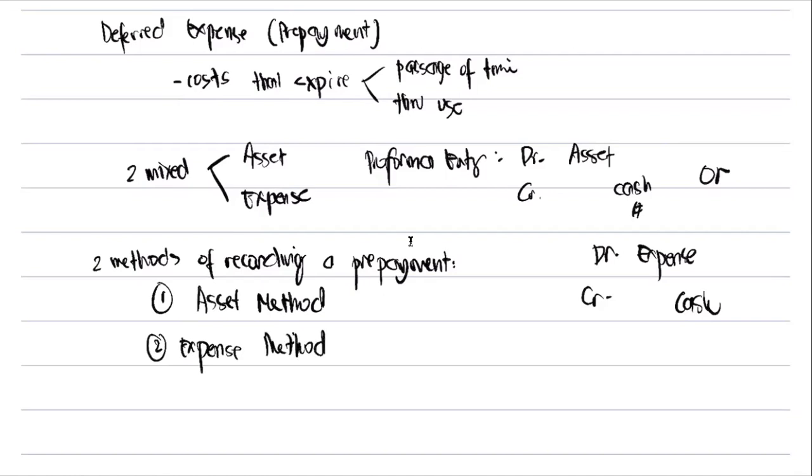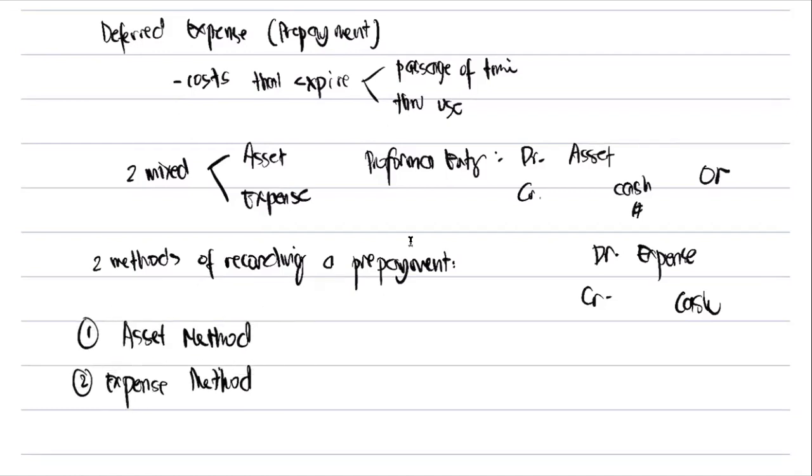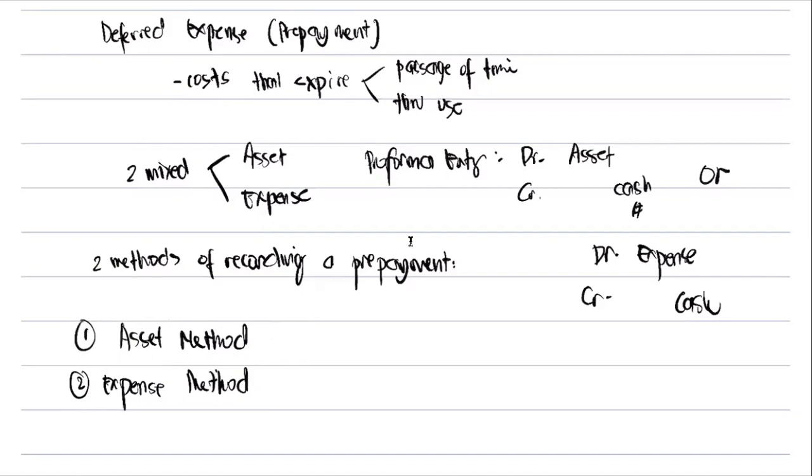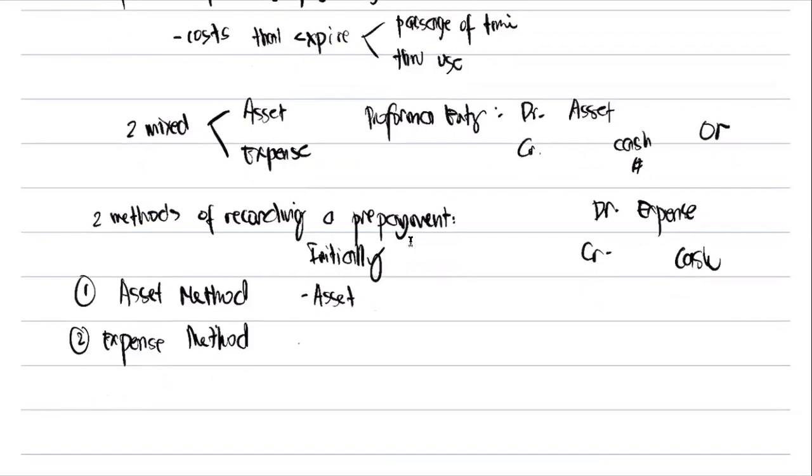So again, we look at it as how it is initially recognized. So initially, if you are using asset method, we initially record it as an asset. If you are using an expense method, you will initially record it as an expense. Okay.